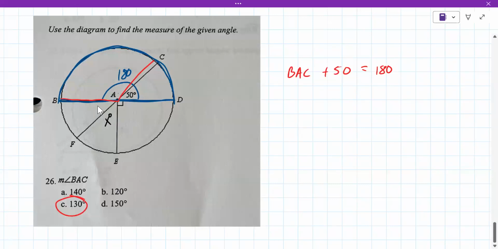So you have to do something else. Like this is Y up here, and X plus Y does equal 90, but we don't know if they're equal. Oh, okay. 40. It is 40. Good. All right. That's sufficient for me.